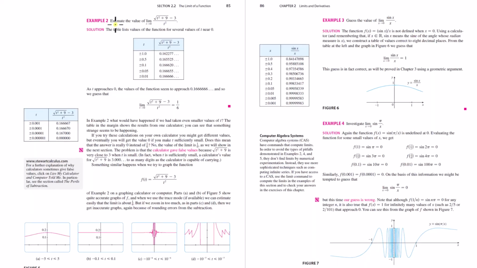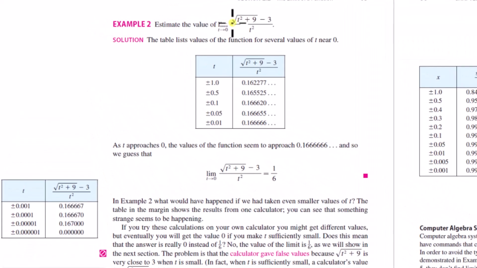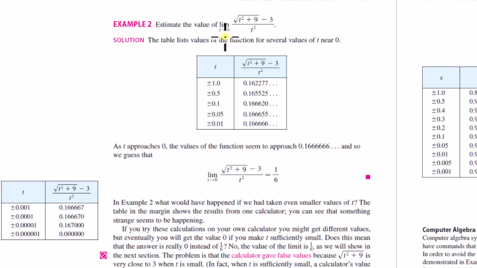So now this next example says, estimate the value of the limit as t approaches 0 of this function of t. So we go through the same process. They're plugging in values of t coming from above and below 0 that get closer and closer to 0, and seeing what the calculator's outputting.